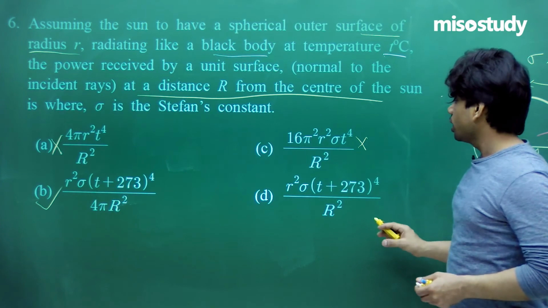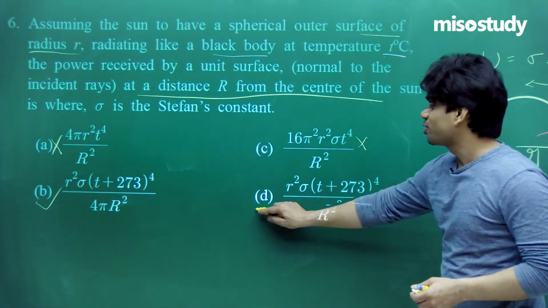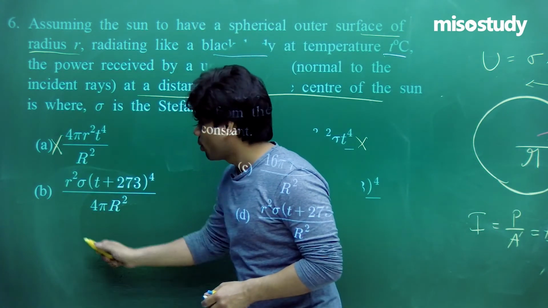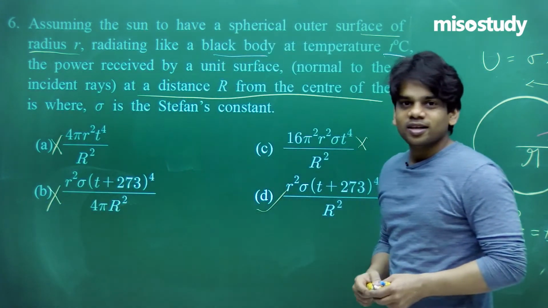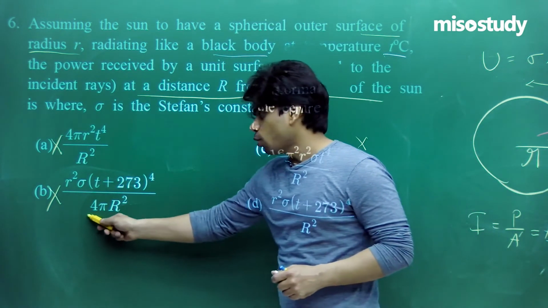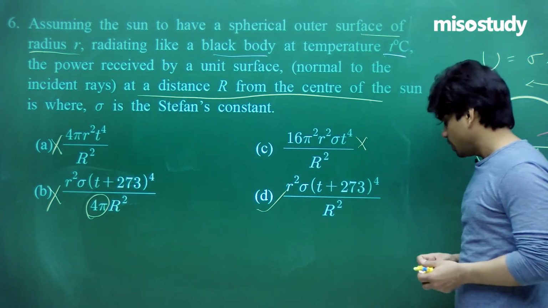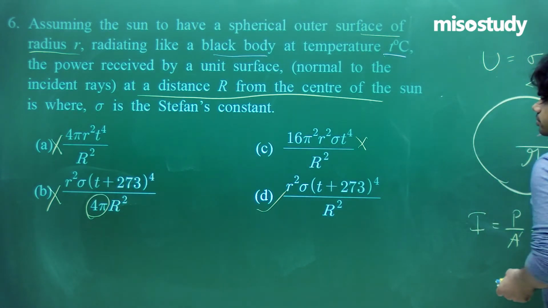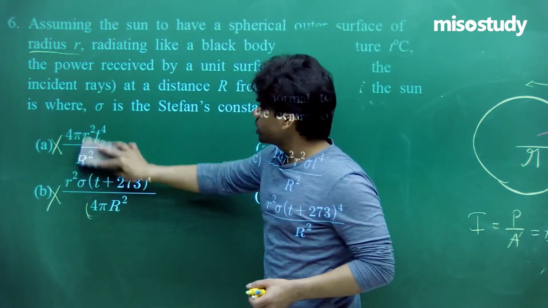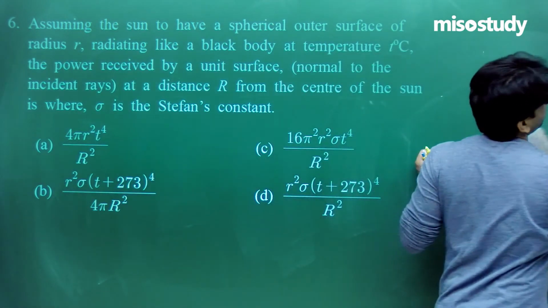Actually D is correct, and here it's given that 4 pi is not in the denominator, so B will be incorrect. I was quick enough, so I marked B, but 4 pi is not in that answer. So B will be incorrect, D will be the right answer. It's a good question actually, on how to apply the concept of radiation and Stefan's law in this case.